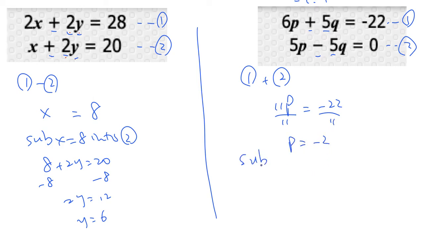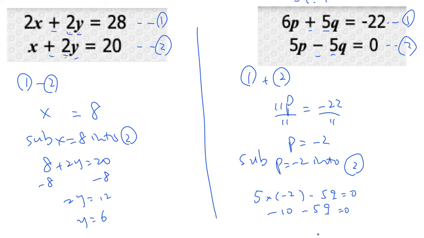And then we're going to substitute p equals negative 2 into any of these equations. Let's use the second one. And we have 5 times p, so 5 times negative 2, minus 5q equals 0. So negative 10 minus 5q equals 0.